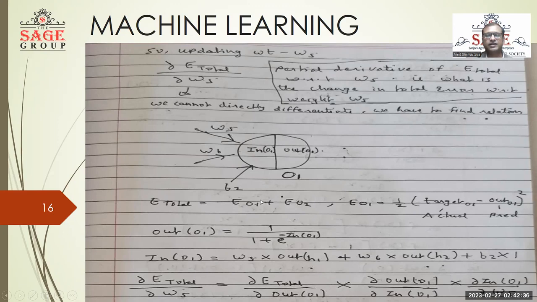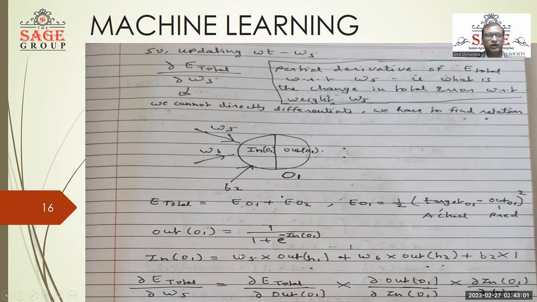My total error is nothing but EO1 plus EO2. EO1 can be written as half into the target, that is my actual output, minus the predicted output, the whole square. Now, out O1 is the sigmoid function, 1 upon 1 plus e to the power minus x applied over the total input. So 1 upon 1 plus e to the power minus in O1.